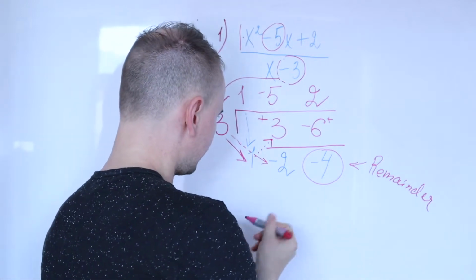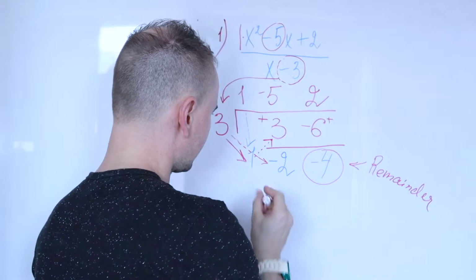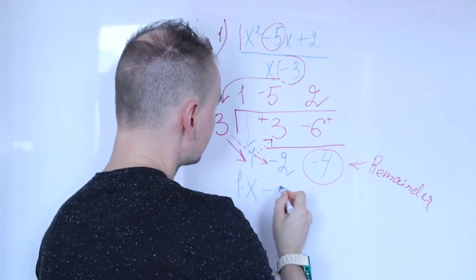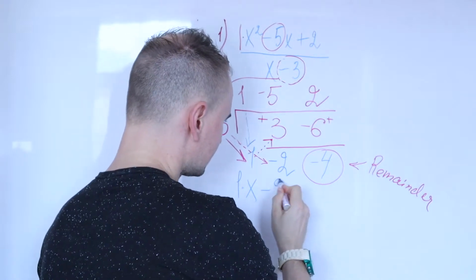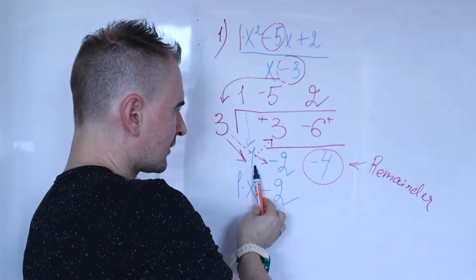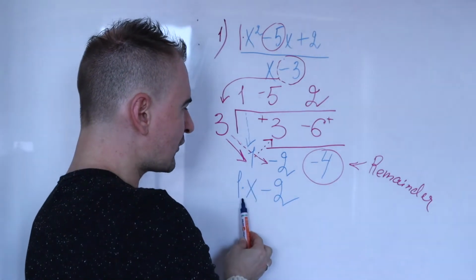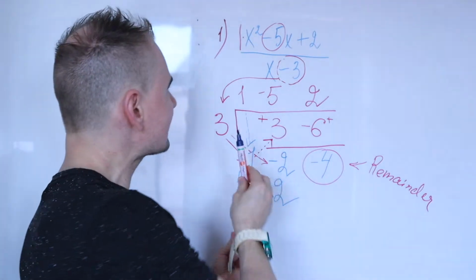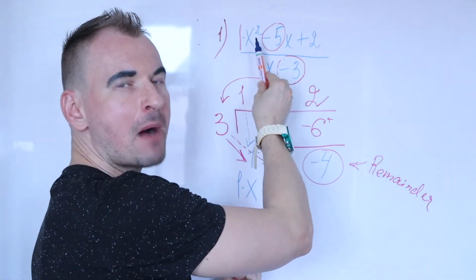So this number gives you the coefficient of x, which has a power 1 less than the original power.